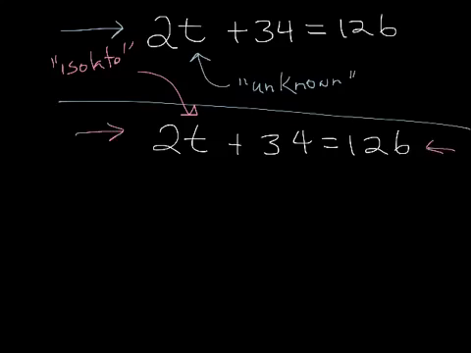So in other words, this reads 2 times some number. When you see a number next to a variable and there's nothing in between, that means multiplication. So this means 2 times some number plus 34 equals 126.